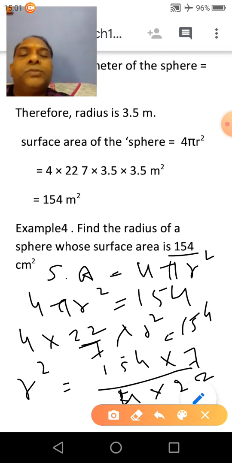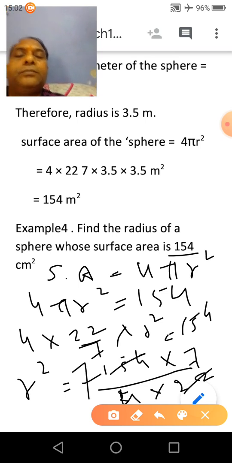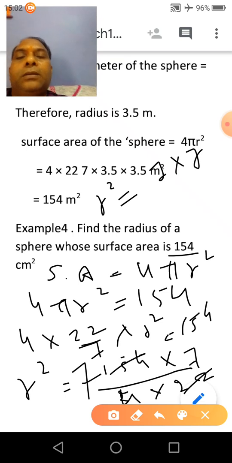Clear? Now 22 7 ja 154. So r square is equal to 7 into 7 upon 4.